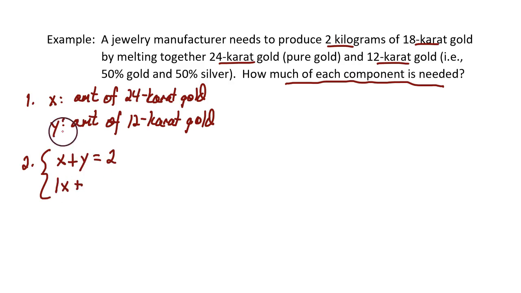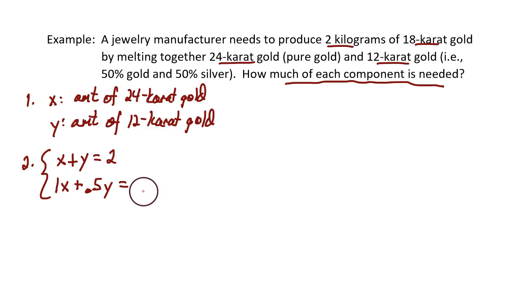Plus, the letter Y is representing 12-karat gold. 12 out of 24 is the same as the fraction 1/2, or 50%, or the decimal 0.5. The expression 0.5y tells us 50% of that component is actually gold. Equals, what the manufacturer is creating is 18-karat gold.